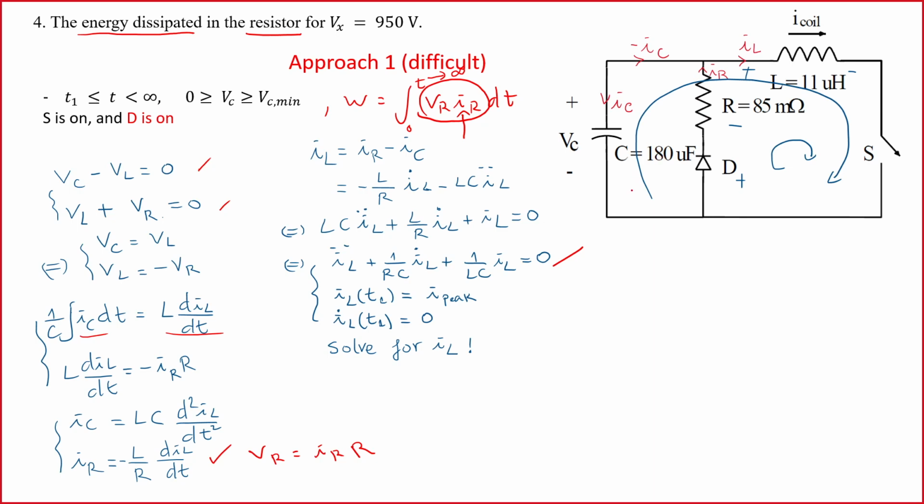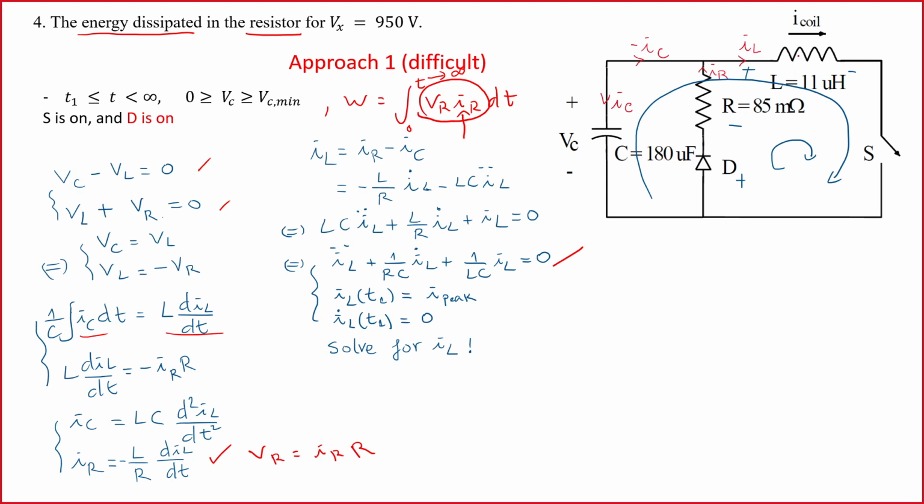Okay, so we can consider energy conservation. The energy that had been stored in the inductor will be released and dissipated via the resistor, right? Energy stored here will be dissipated via the resistor.